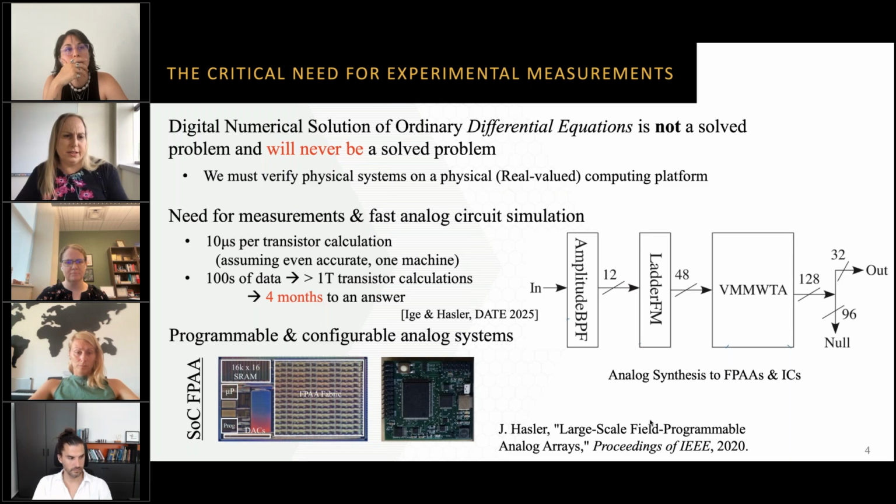I think there's also the sense that there's an absolute need for both measurements and fast circuit simulation. Again, I didn't say that we should get rid of simulation, so maybe Katie and I are both saying, hey, there's a place for both.